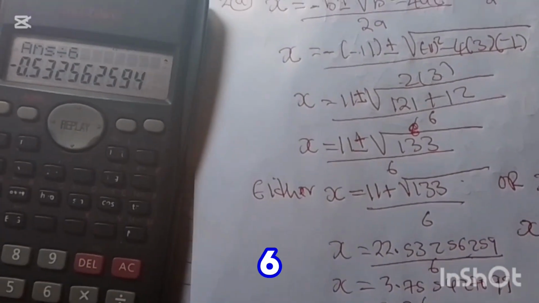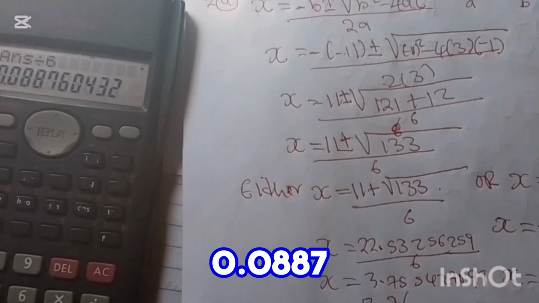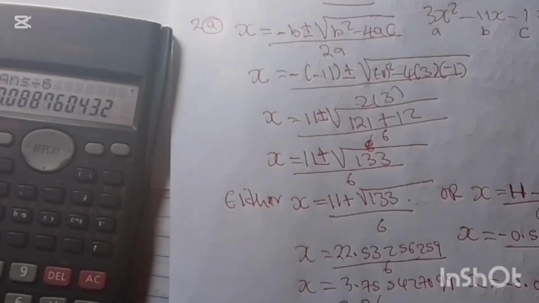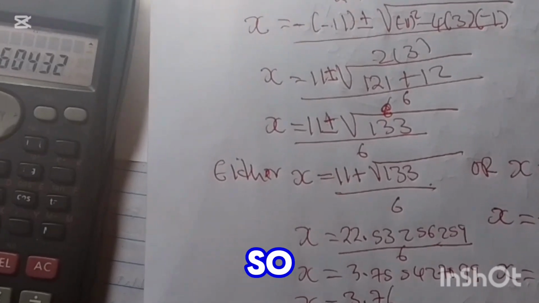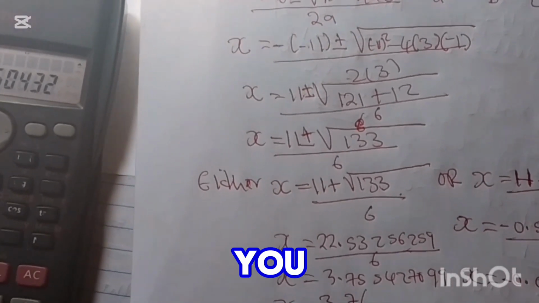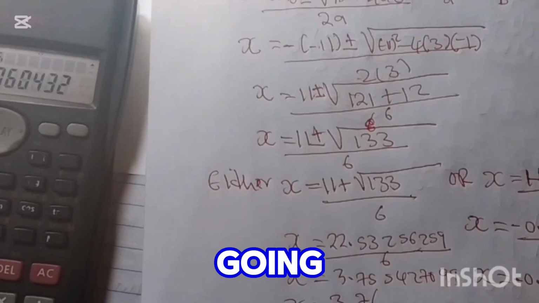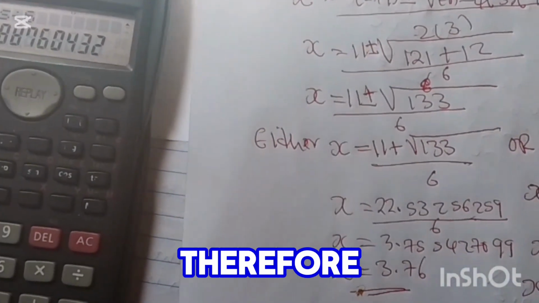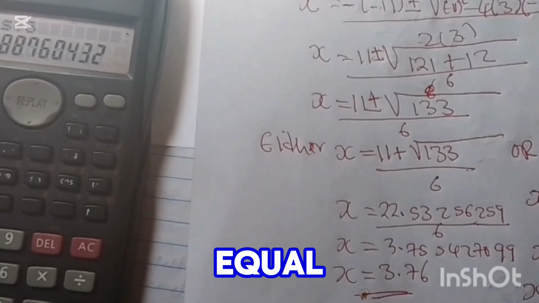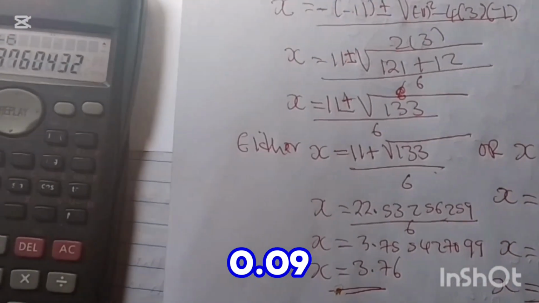So x is equal to negative 0.088776043. We're going to round off the answer to two decimal places. Since the digit reached is greater than 5, we add 1, which gives negative 0.09. So this is the second answer. Therefore, x is equal to 3.76 or x is equal to negative 0.09. So this is the answer.